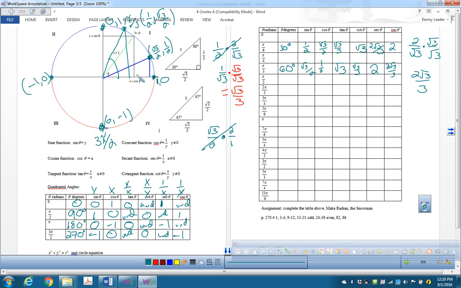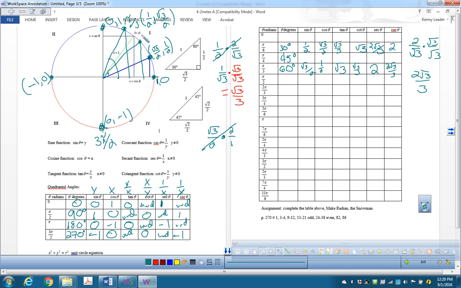Okay, so now we're going to just talk about 45, and then, whoops, I gave it away. Okay, so this is 45 degrees in here. Pretty soon we get to do the math here. What are the coordinates of 45 degrees? It's this triangle right here.